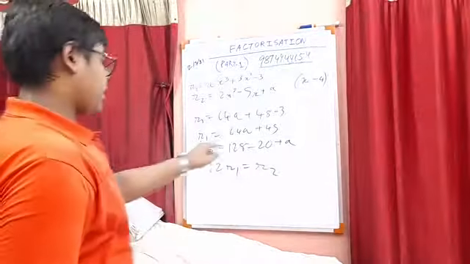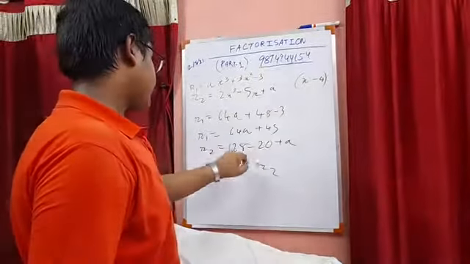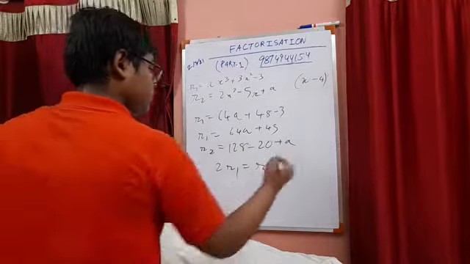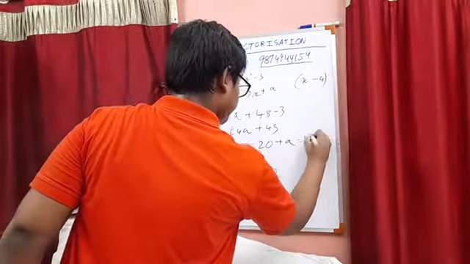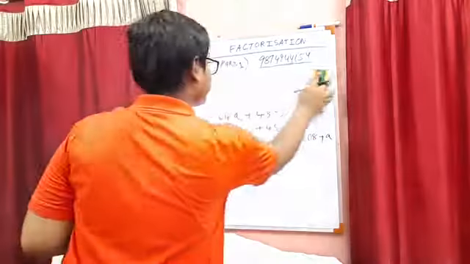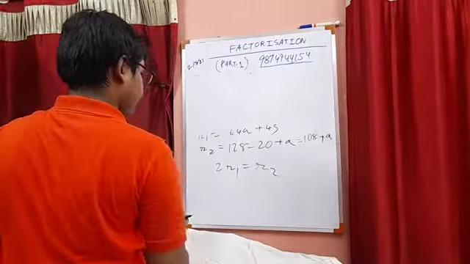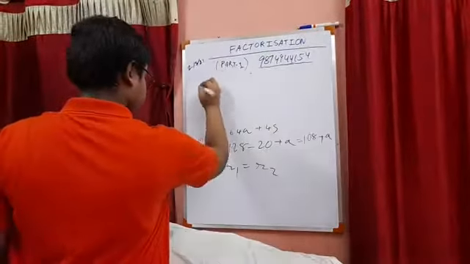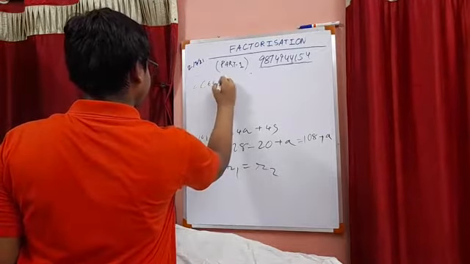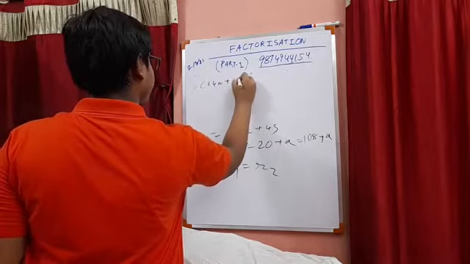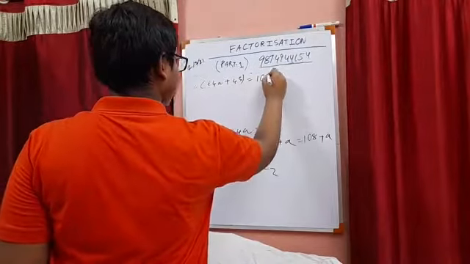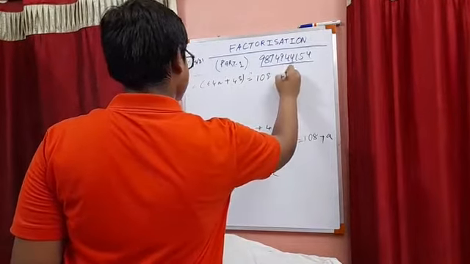Now we have found R1 is 64a plus 45, and R2 is 128 minus 20 plus 8, which will be 108 plus 8. Now we substitute the value of R1 and R2 in this equation. We get twice of 64a plus 45, which was R1, is equal to 108 plus 8.